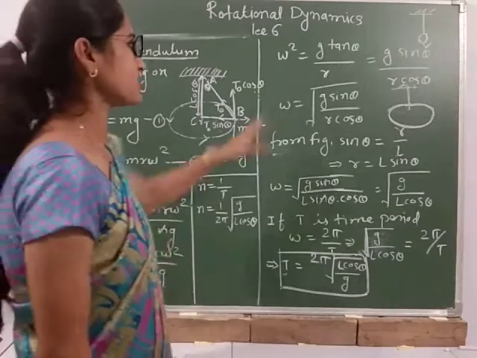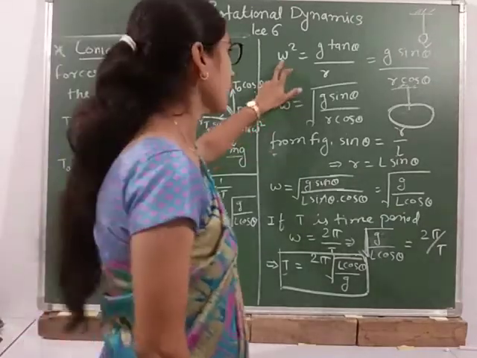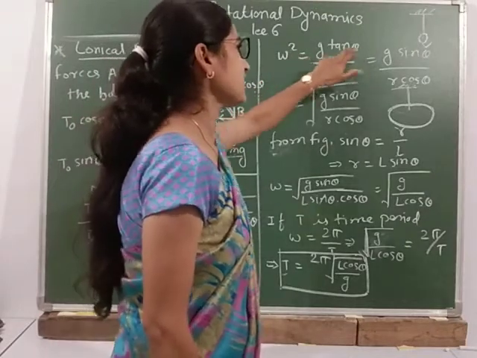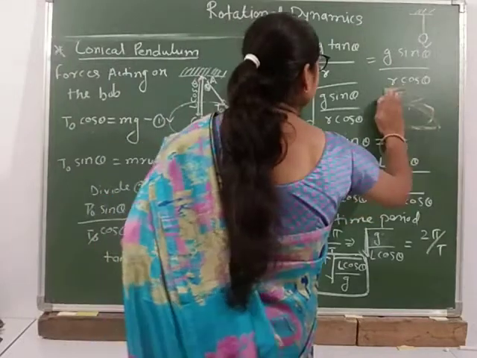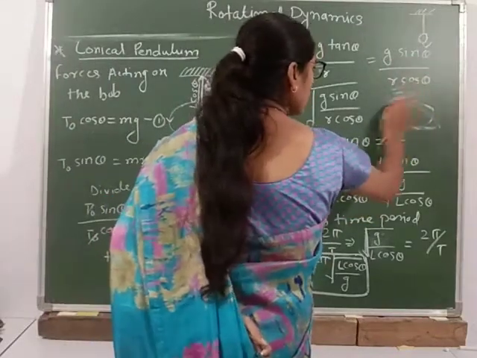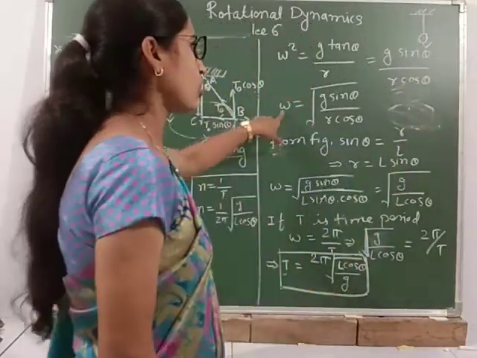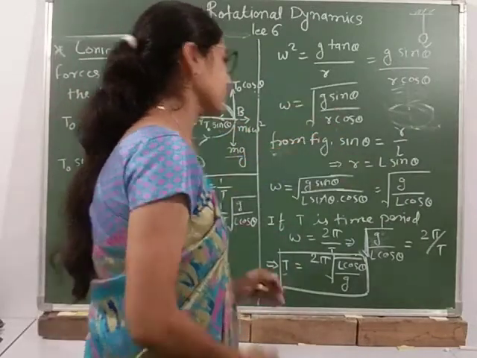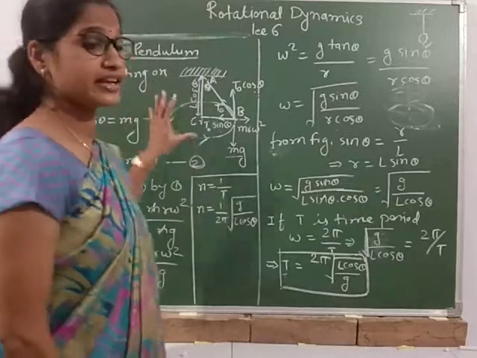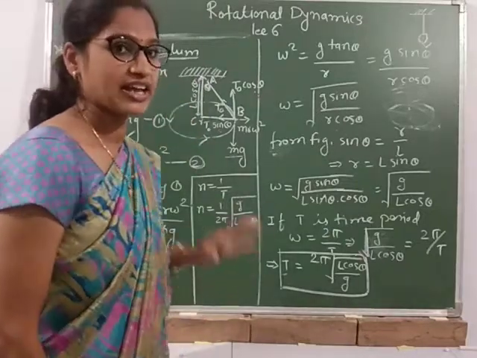Now from this expression we can calculate omega. Omega square is equal to g tan theta upon r. Again we can write it as g sin theta upon r cos theta. In square root form, omega is equal to under root of g sin theta upon r cos theta. Now from the figure we can calculate the value of sin theta.